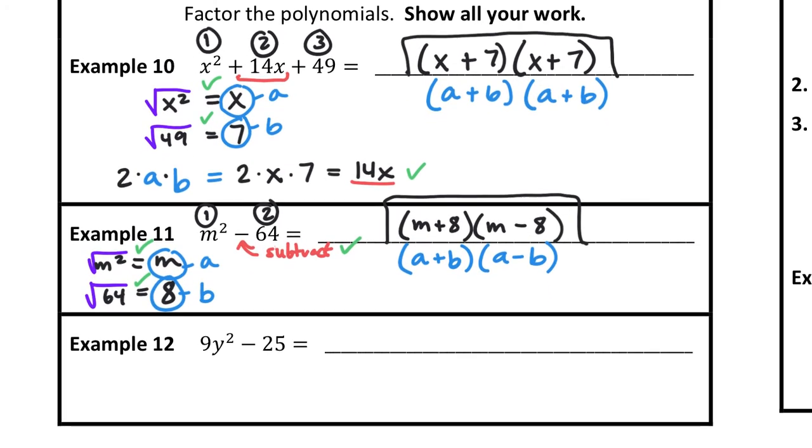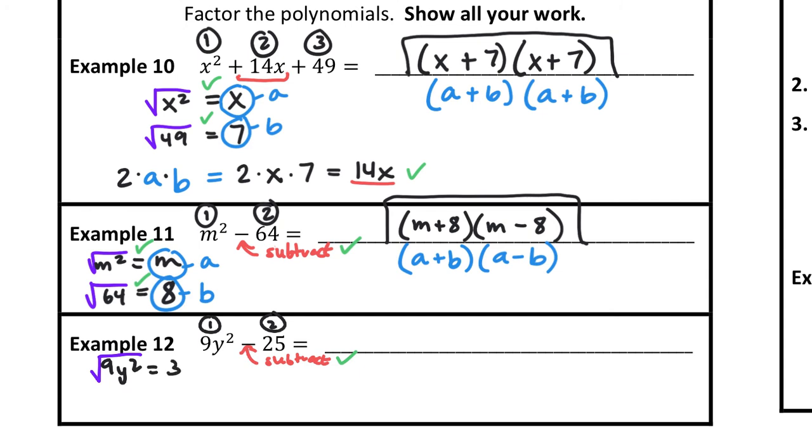So let's look at example 12. I have two terms, 1, 2. There is subtraction going on. Can I square root 9y squared?